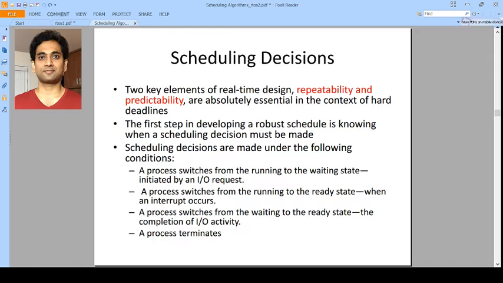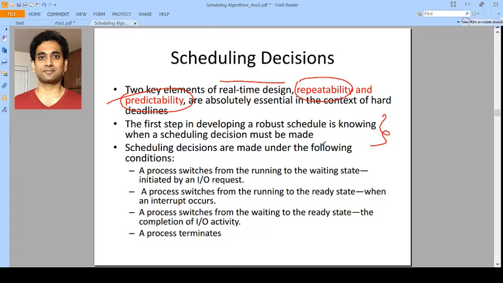Now, let's talk about scheduling decisions. Two key elements of a real-time operating system design are repeatability and predictability. We talked about predictability and determinism earlier. So the first step in developing a robust scheduling scheme is knowing when a scheduling decision must be made.